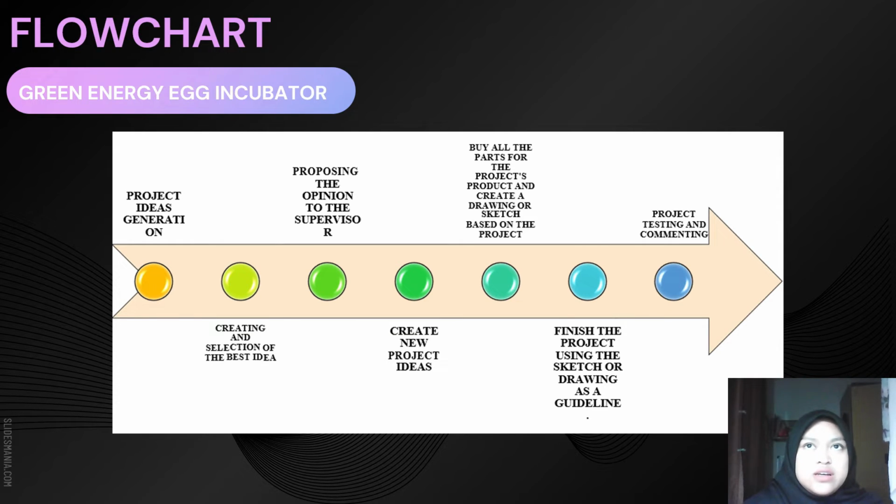First, we decided to make a solar panel cap, which is a cap for workers on site. After that, we went to our supervisor proposing the idea. Our supervisor agreed with the idea, and we continued with the material. Next, create the new project idea.